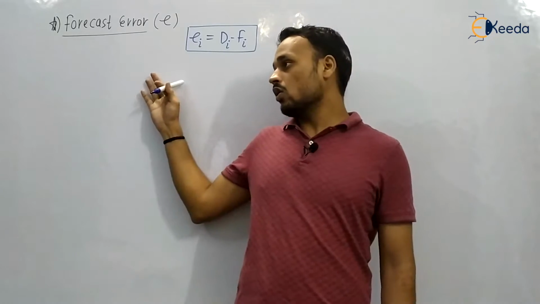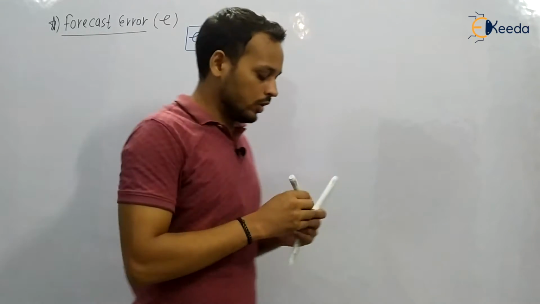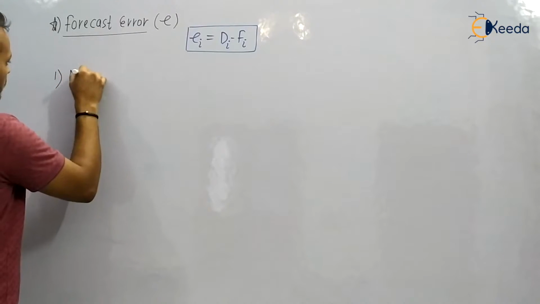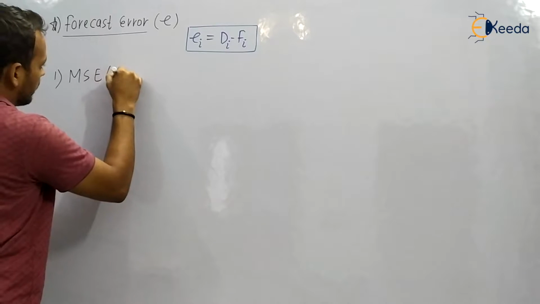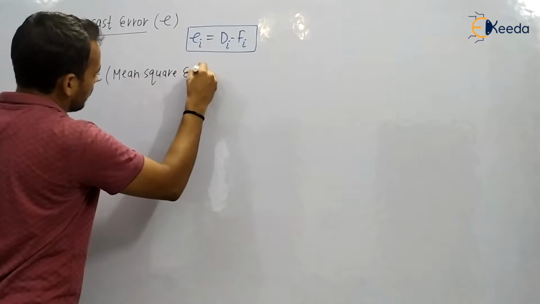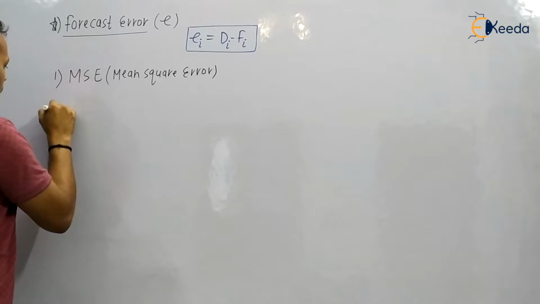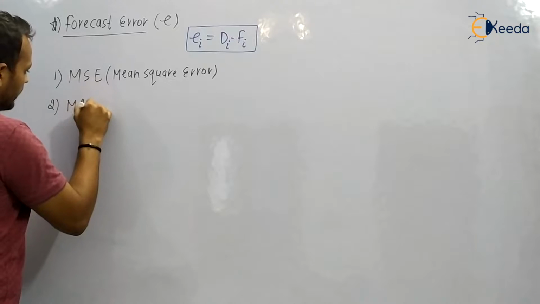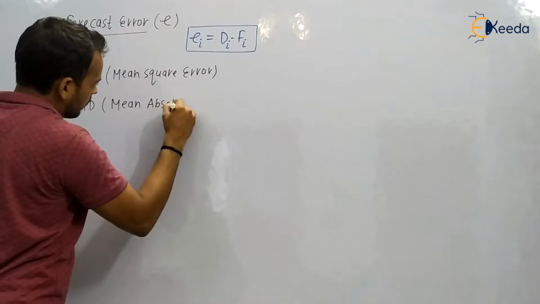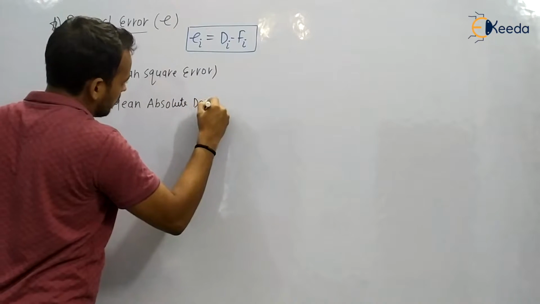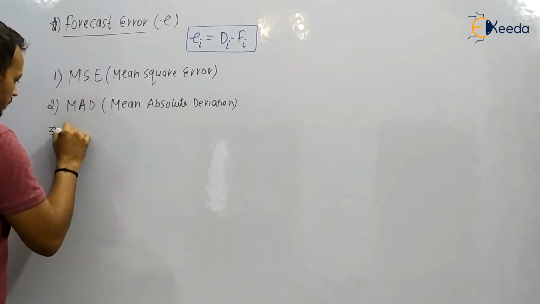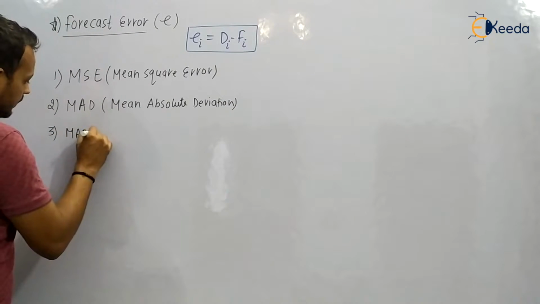It has many classifications. The first one is mean square error, that is MSE. The second one is MAD, that is mean absolute deviation. The third is mean absolute percentage error, MAPE.